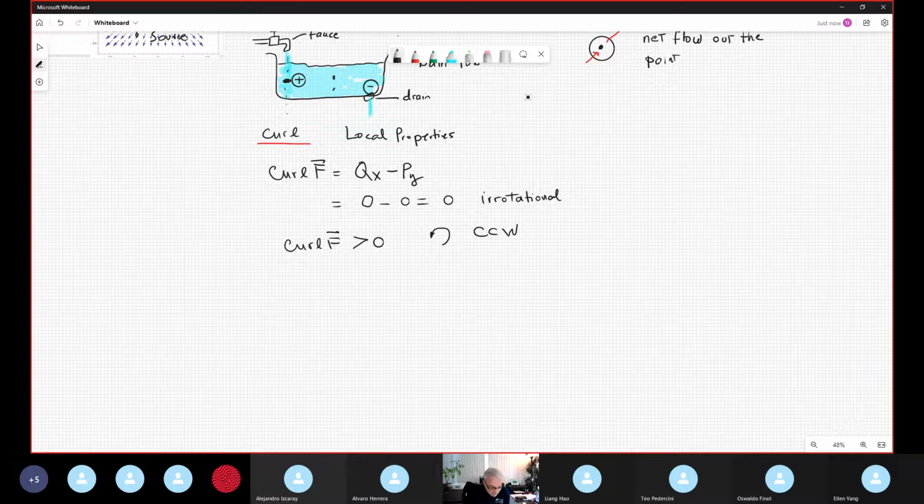And the way to see that is we put in that point, guys, a device like that. Whoa, like that. I don't know, say 4 or 6 sides, that is the paddle wheel.